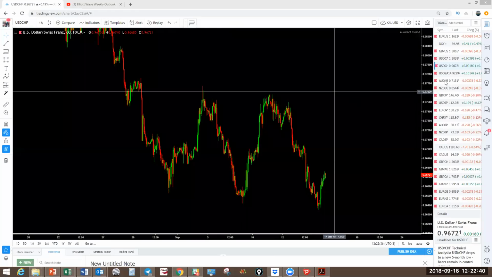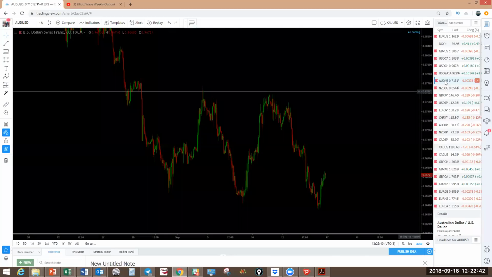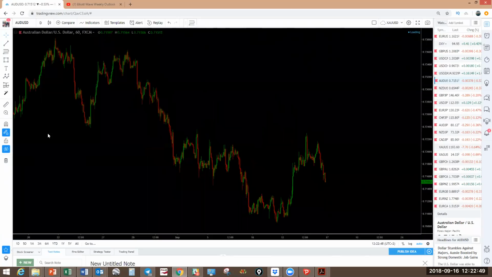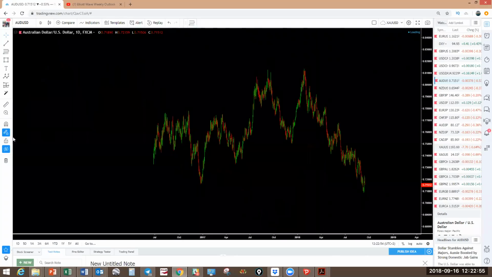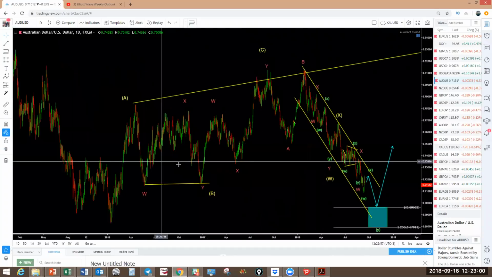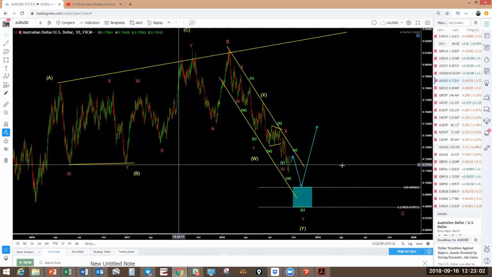Let's do the Aussie. Aussie is one of those with a clearer structure. Show you on the higher time frame. The sequence down is almost complete. If we show you the whole structure there, you'll see that we still need just a slight move to the downside.